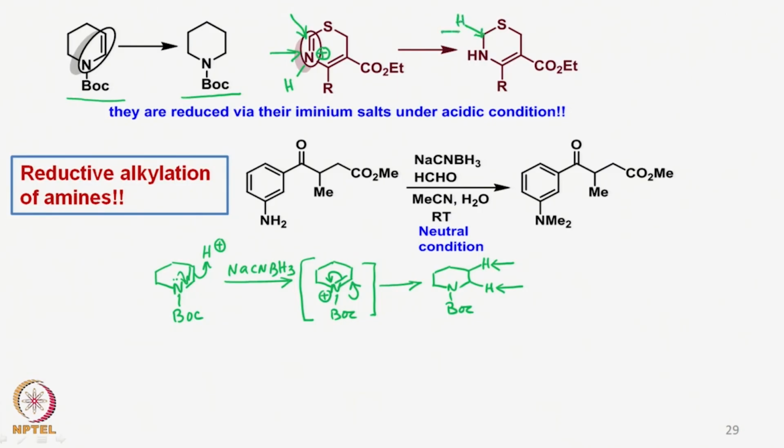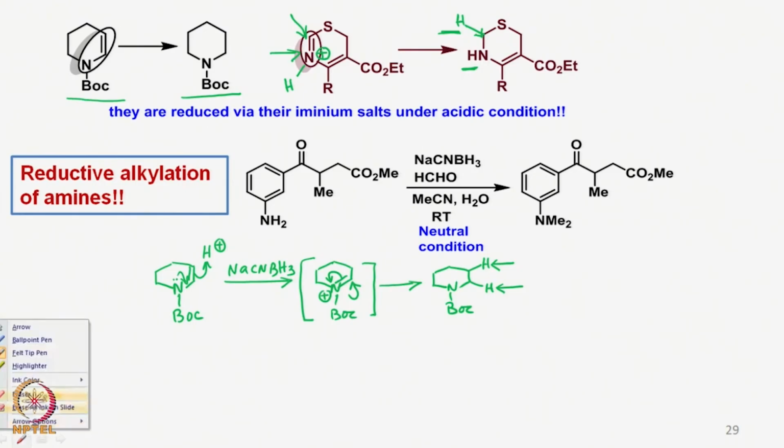So this hydrogen comes from sodium cyanoborohydride and this hydrogen comes from the corresponding acid. Such reductions are quite useful because they cannot be easily done by means of sodium borohydride, since the possibility of formation of an ammonium ion or a carbocation is not there.